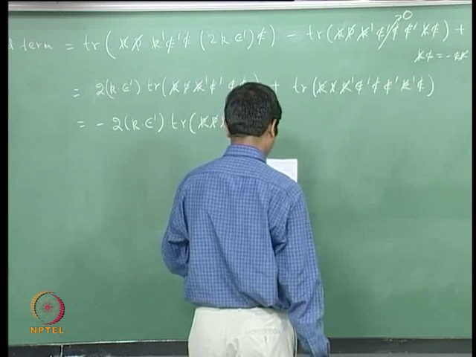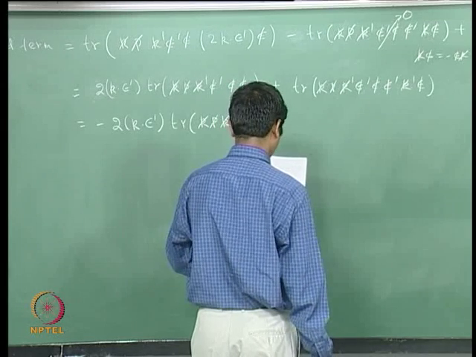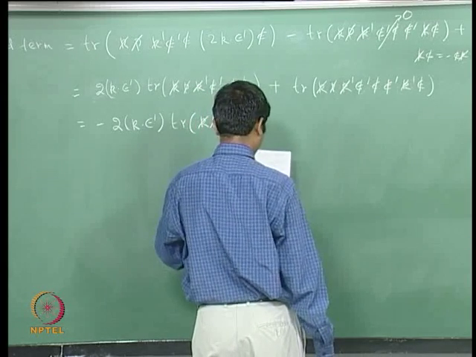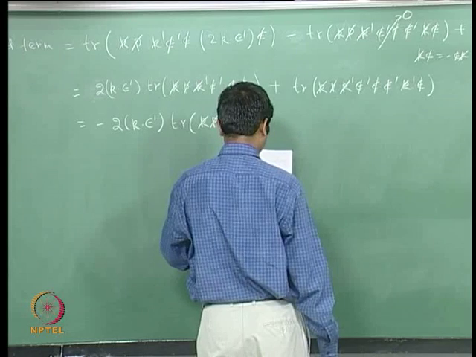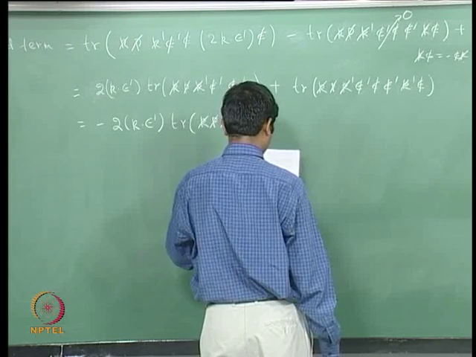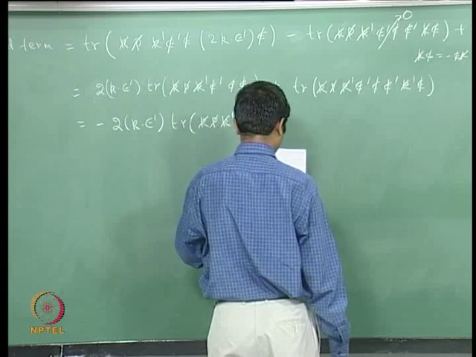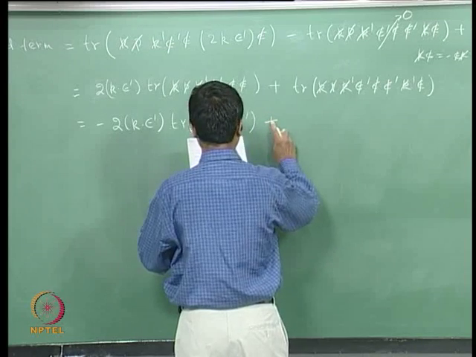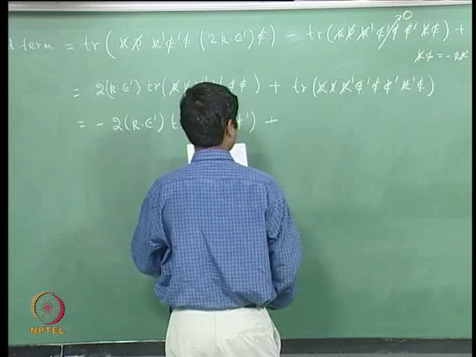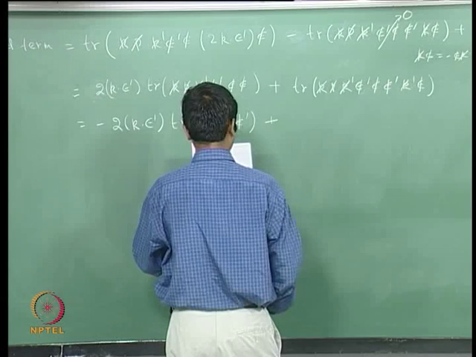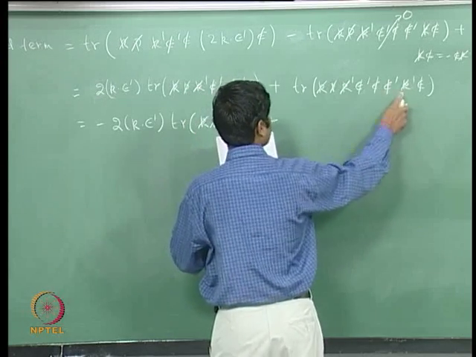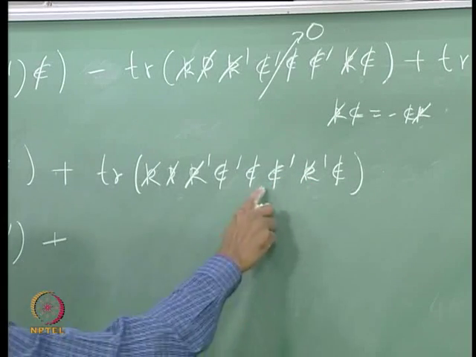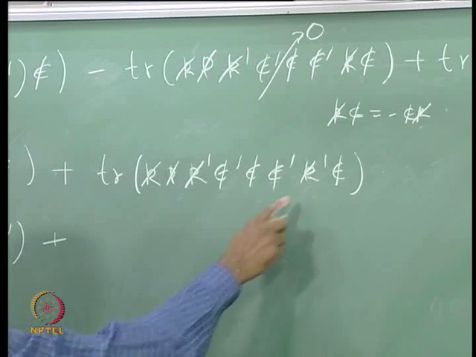So, epsilon dot k prime. So let's focus on this term here, okay, and then I will flip this k prime epsilon prime, I will get a minus sign.